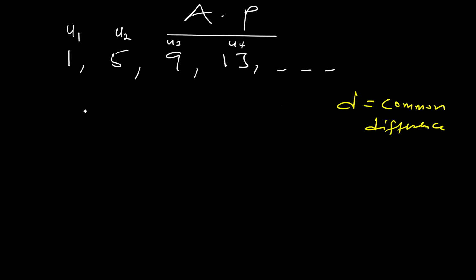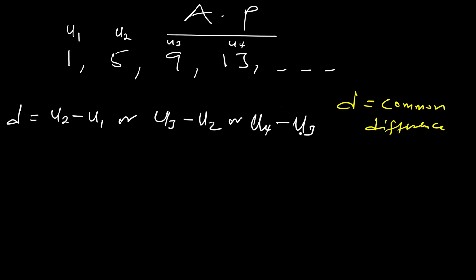So to find D, that is the common difference, it is either the second term minus the first term, or the third term minus the second term, or the fourth term minus the third term.